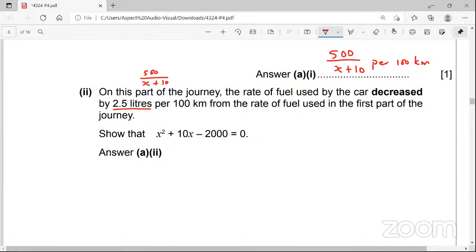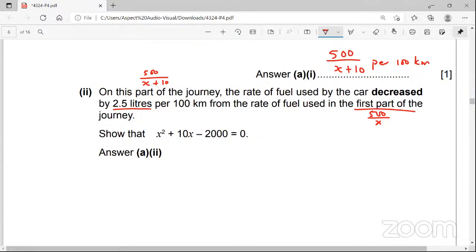So when they talk about the first part of the journey, I think about the 500 over X. So that 500 over X is the one that is reduced by 2.5. Are you guys following?